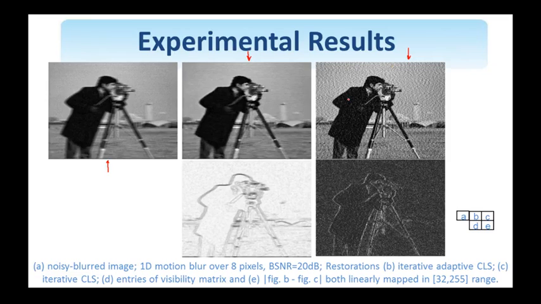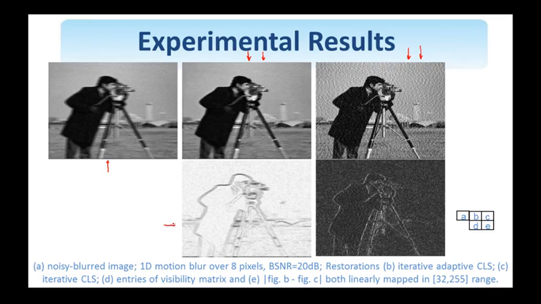By comparing the two, we see that there's a finer control between noise amplification and sharpness in the adaptively restored image. The edges are considerably well restored, while the noise has been suppressed. In the CLS image, we don't have this control. The edges are sharp, but there's a lot of noise amplification.